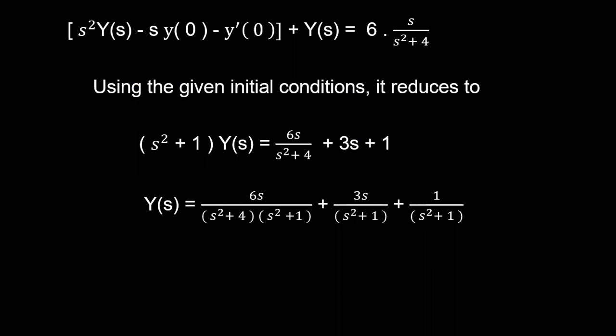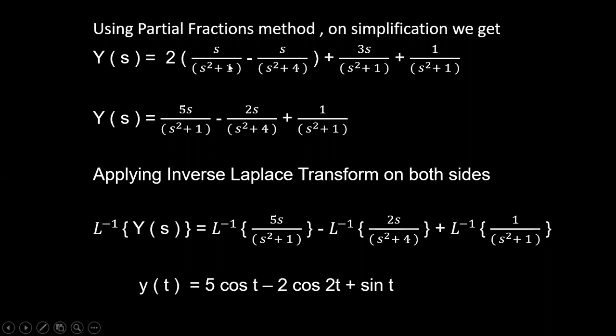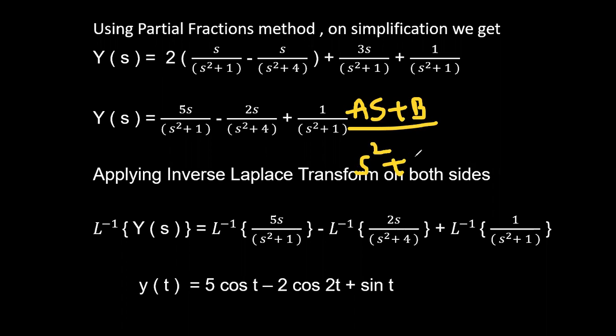So finally, after simplification, we got the expression as 2s by s squared plus 1 minus 2s by s squared plus 4.